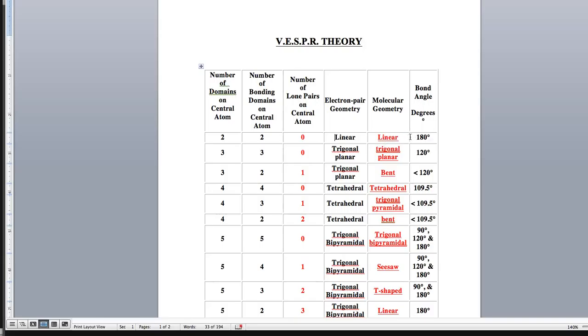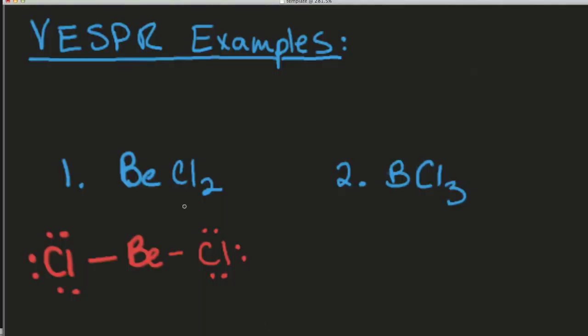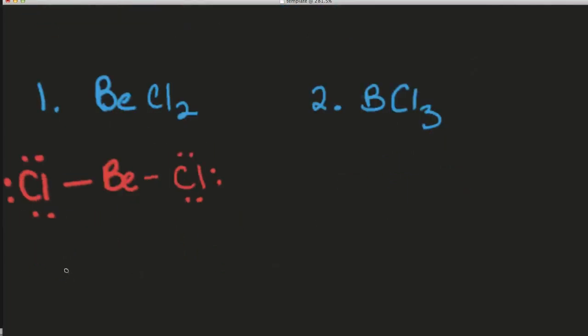That occurs anytime that there are no lone pair electrons, the molecular and the electron pair geometry will be the same thing. The bond angle will be 180. So when drawing this, it will look like that, and we know the bond angle is 180 degrees.